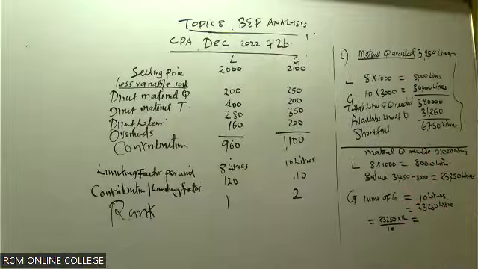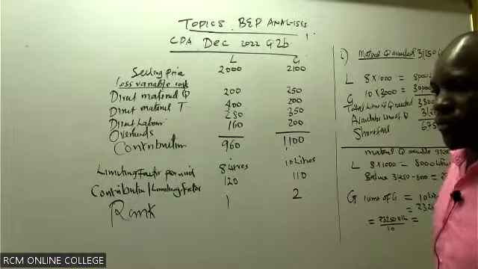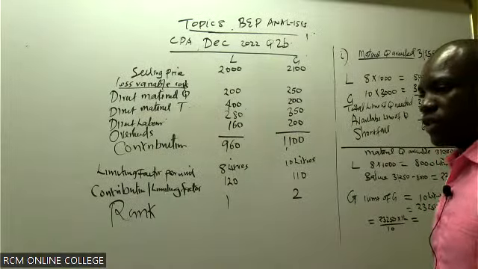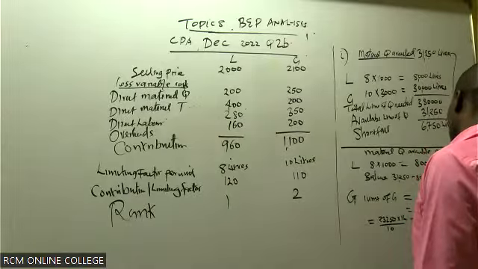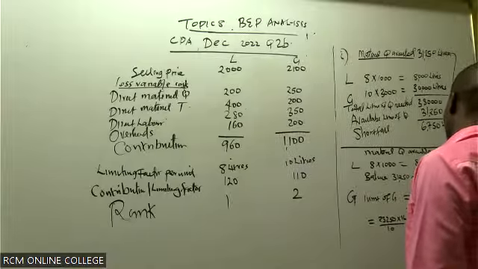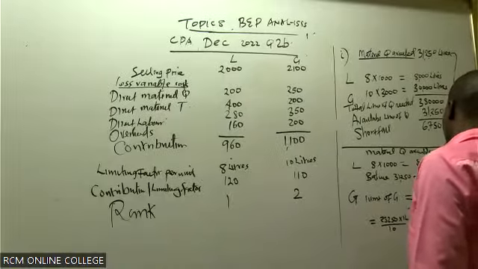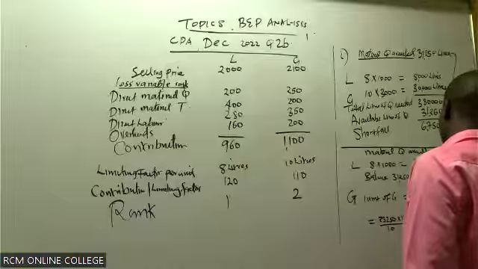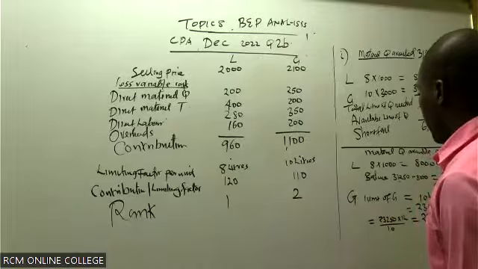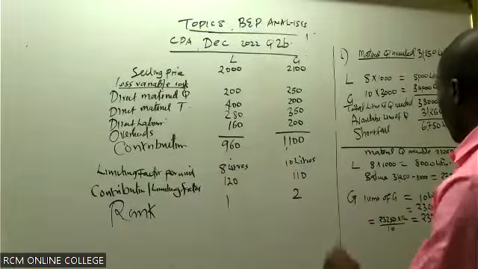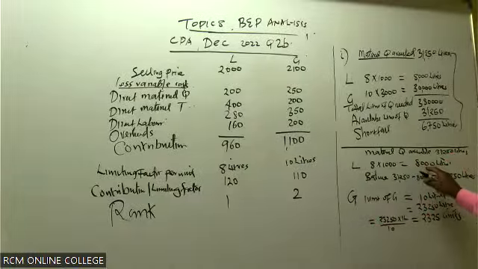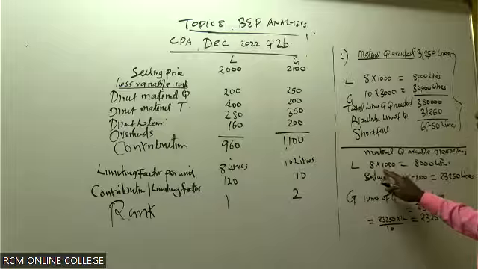How many units? 2,325 units. They will manage to produce 2,325 units of G and 1,000 units of L.